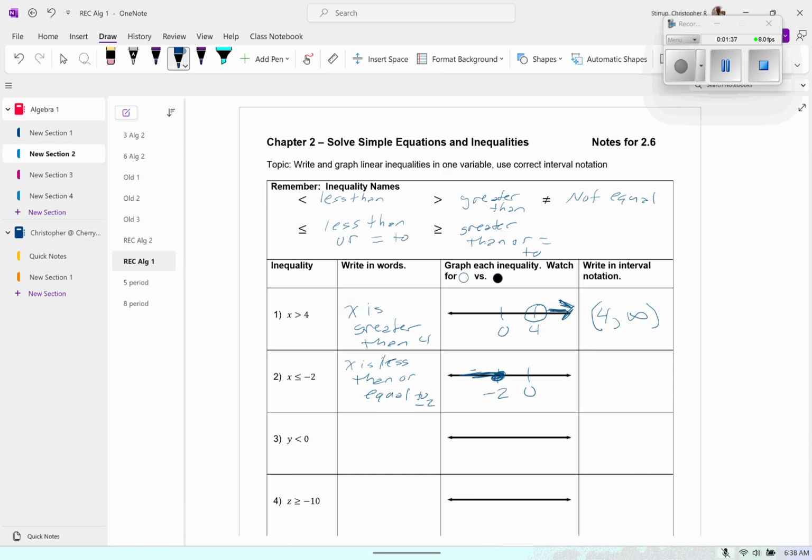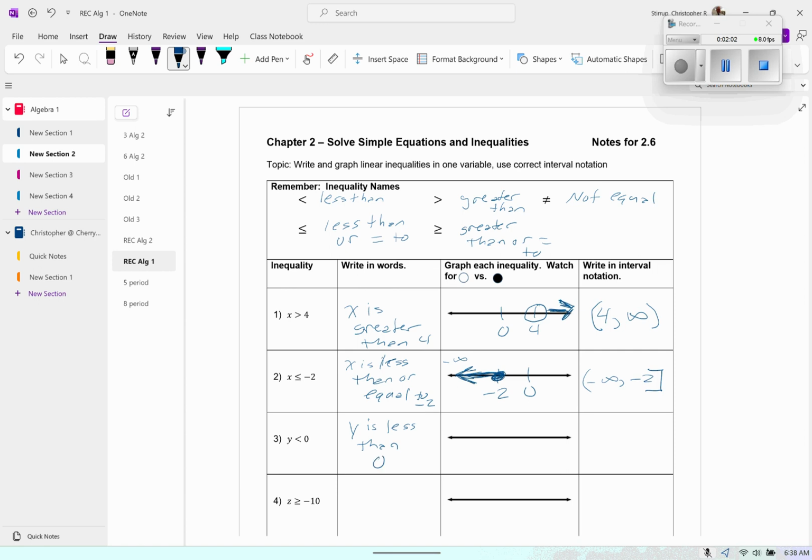Okay, and then you're going to shade it to the left. And you're going to talk about the interval notation. It's coming from -infinity to -2. So the infinity has a parenthesis, but the -2 has a square bracket, or sometimes we might call it a hard bracket.